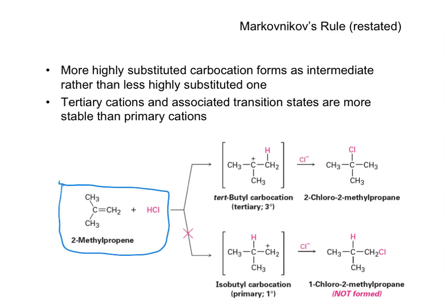So hopefully you can see that your alkene is a nucleophile that attacks the proton of HCl, Cl negative leaves, and that gives you the carbocation, which is the t-butyl carbocation, the more stable of the two. The primary carbocation is not going to get formed, which is why that particular product is not even pursued. The Cl negative comes back in, that's your transition state 2, the second hump of your energy profile, and it gives you the 2-chloro-2-methylpropane as your final product.